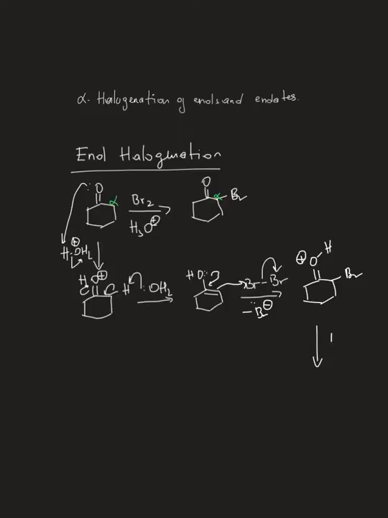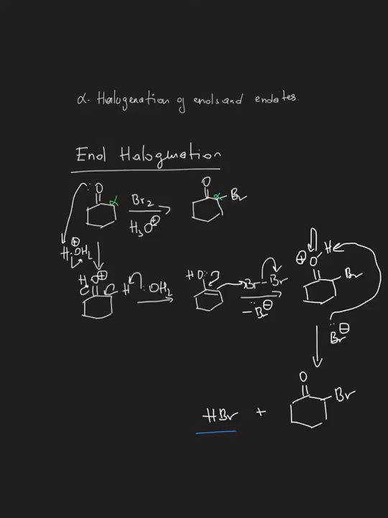And now in the final step, we have this Br minus that can come and pick up the proton to give us our alpha bromo cyclohexanone. Sorry, that's an ugly Br. And plus a molecule of HBr.